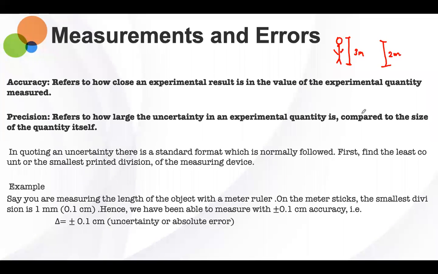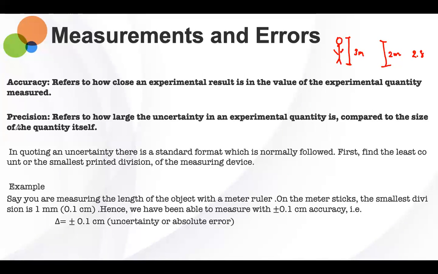Is that accurate? No, sir. Right. So it is not close to what the theoretical value is. So it's not accurate, right? If it was 2.9 or 2.8, then we could say that it's a little bit more accurate. But at 2, that's too far, right?